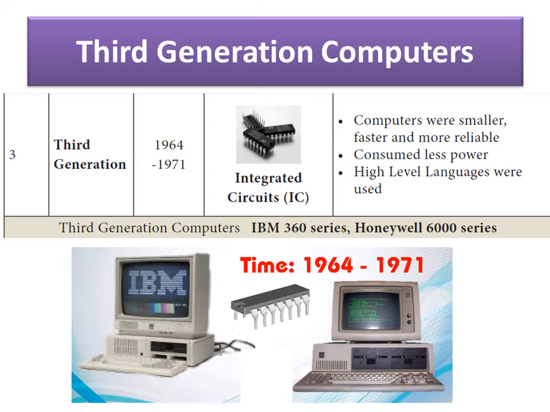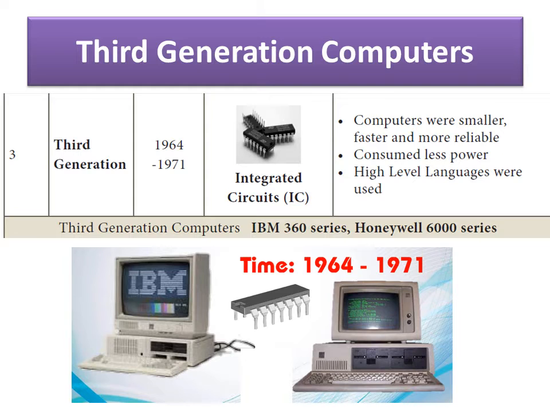The computers became smaller, faster and more reliable, consumed less power, and high-level language was used. Language used was high-level language, maybe like C, C++, which is closer to the user than to the computer hardware. More English-like usage.